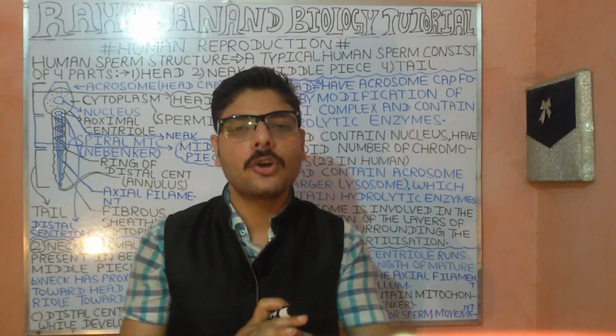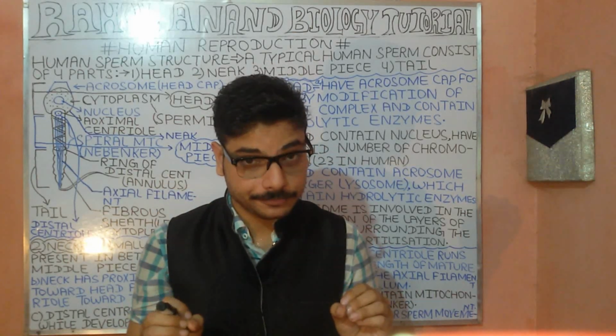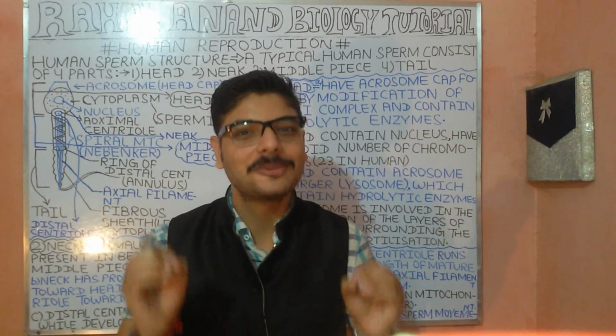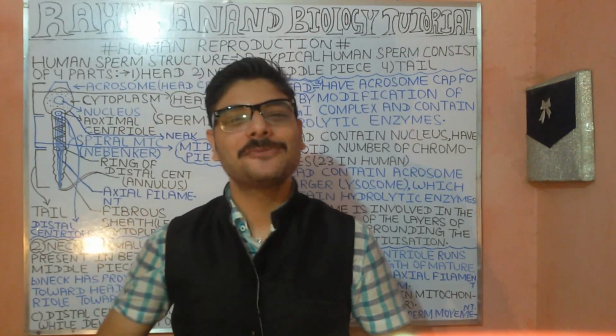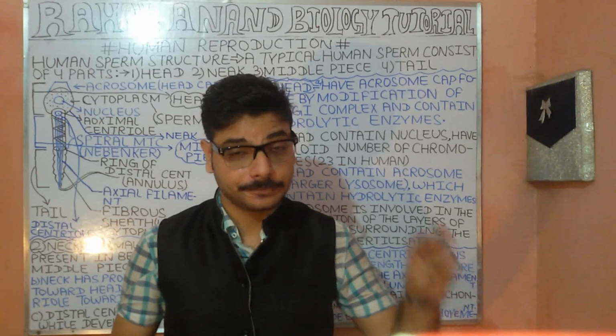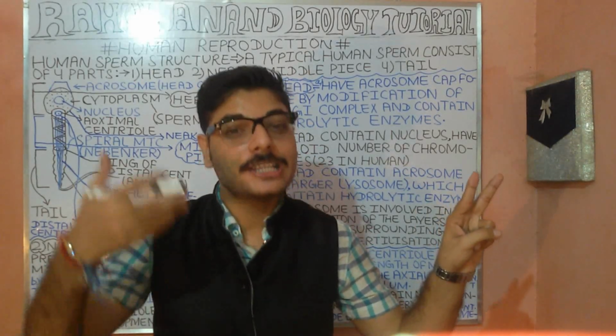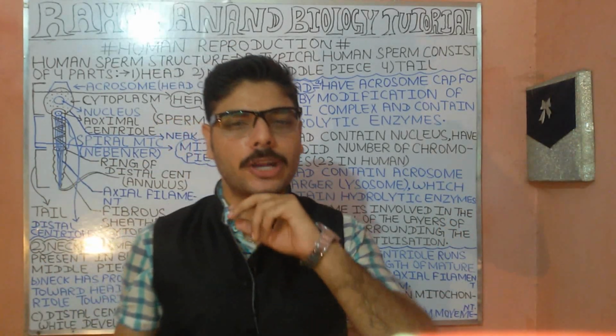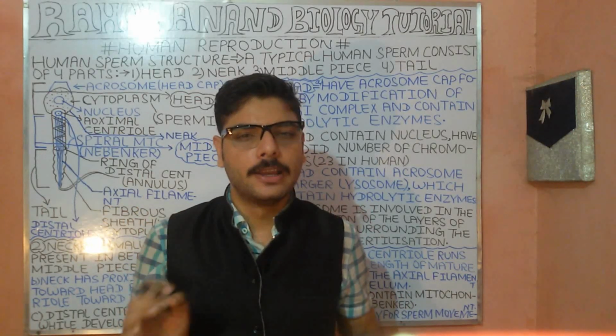Now, the mitochondria is a rod shaped structure bounded by two membranes.